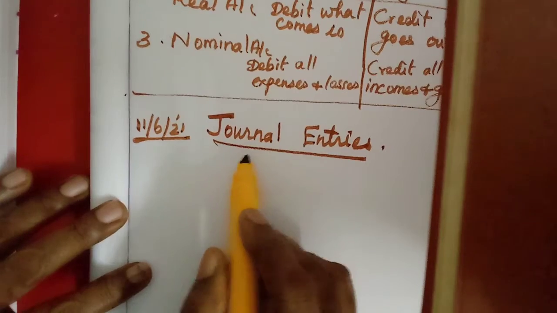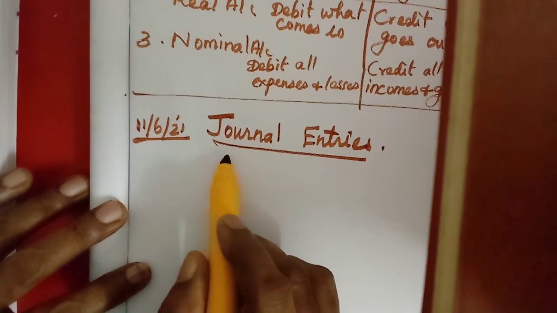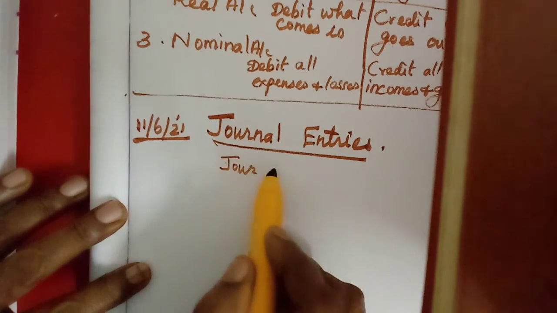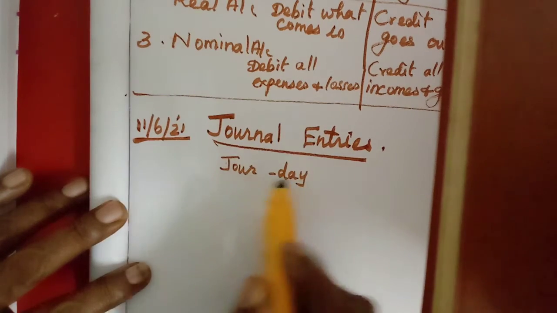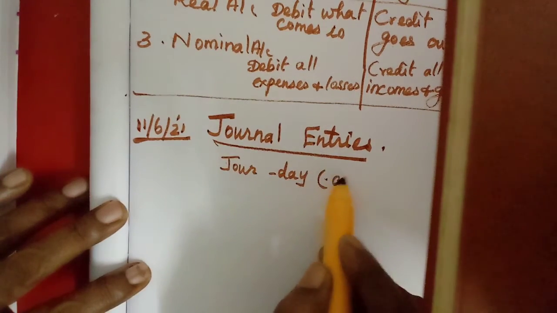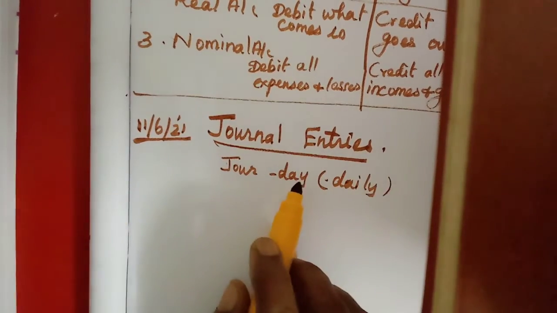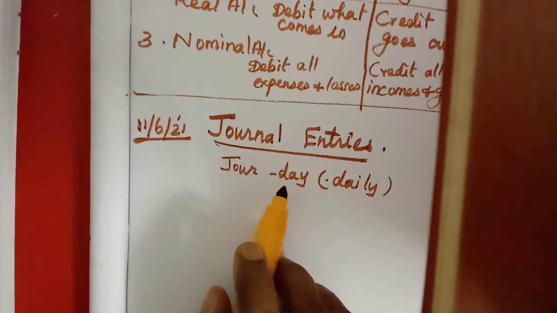The word journal came from the French word jour. Jour means day. Journal means daily, because this journal entry is prepared every day after each and every transaction.